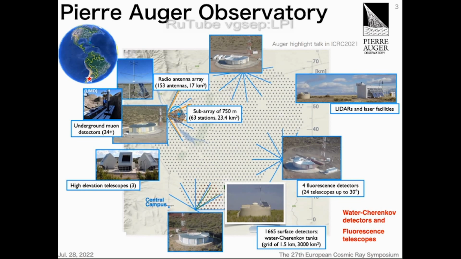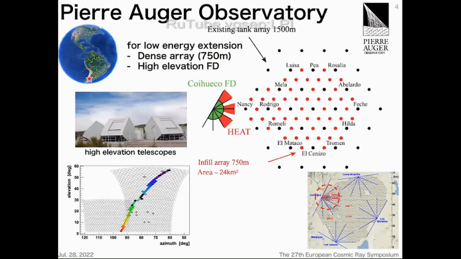They constructed the low energy extension around here, and this is a zoom of this area, where they are constructing the dense array. The array spacing is 750 meters, and the total coverage is 24 square kilometers. This red point is the infill SD array of Auger detectors.